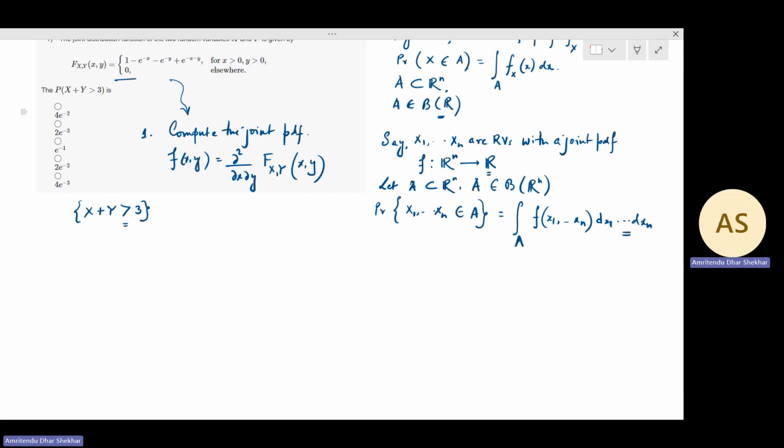So let's do that for this function. That is equal to del upon del x of del F upon del y.